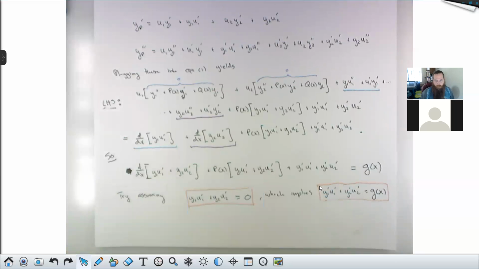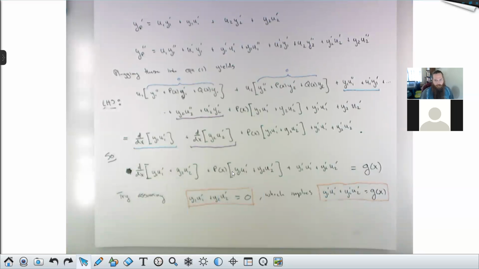We can always calculate the derivatives of a known function. I'm trying to find u1 and u2. That's my goal through this whole procedure, is to find the functions u1 and u2 that satisfy this original equation. So here, we've gotten rid of all the u1s and u2s. We just have u1 prime and u2 prime.